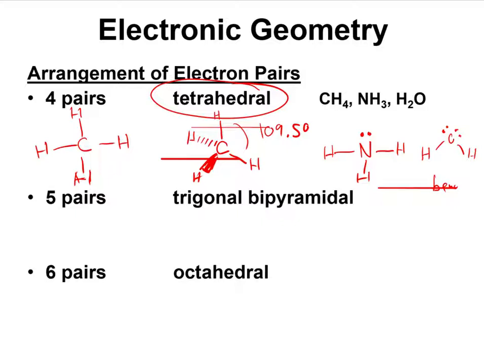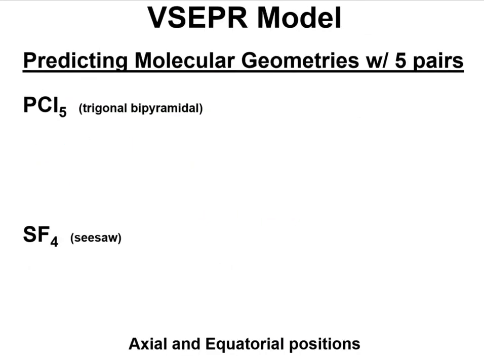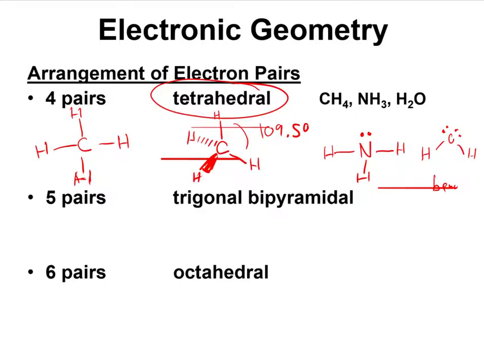Let's see, I can draw one. There's no example here, but oh, there's PCl5. And then 6 pairs are an octahedral. So let me just show you the octahedral.